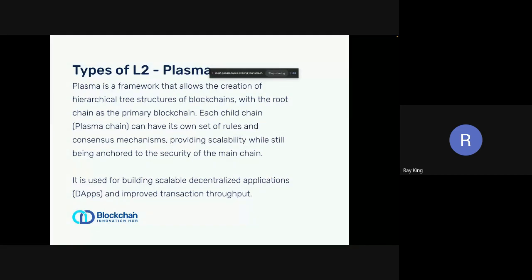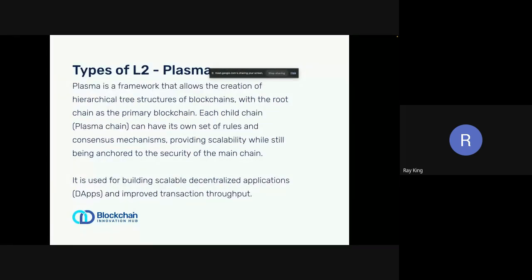Each plasma chain can have its own set of rules and consensus mechanism, and they provide scalability while being anchored to the security of the main chain. They are all connected to the root chain, and as a result, they benefit from the security of the main chain.